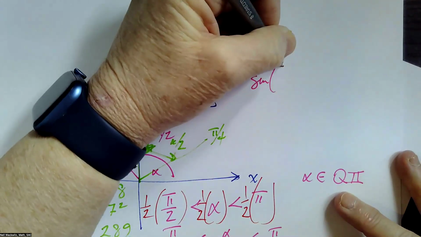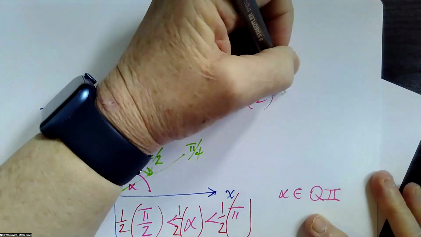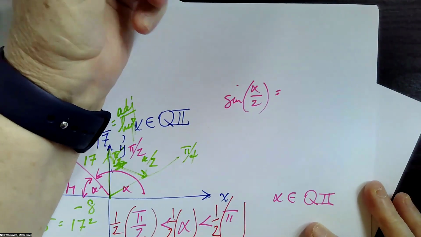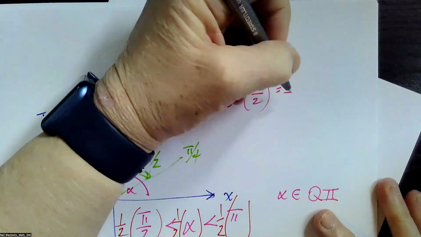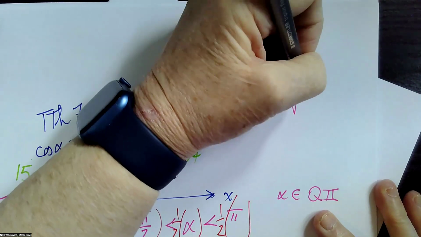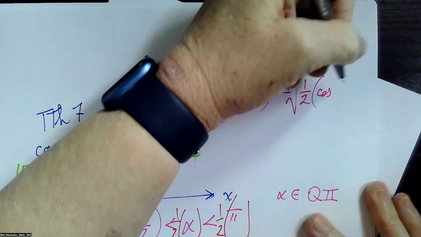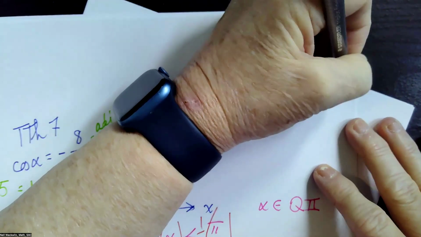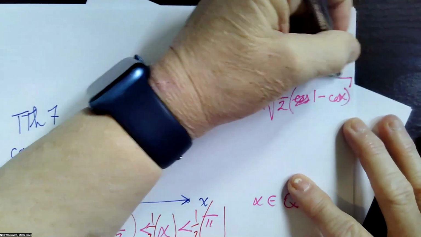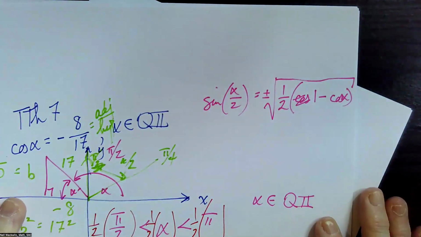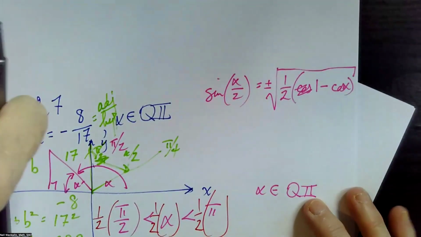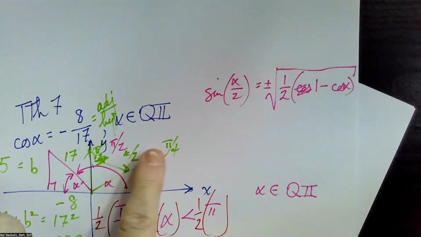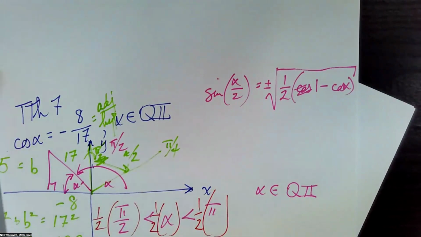So I know that sine of alpha over 2 is plus or minus the square root of 1/2 times (1 minus cosine alpha). And we said we're going to use positives all the way across because alpha over 2 is in quadrant 1.